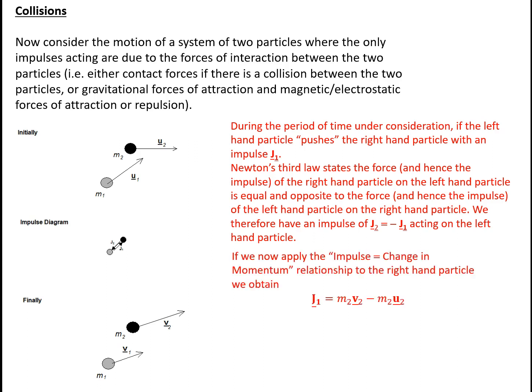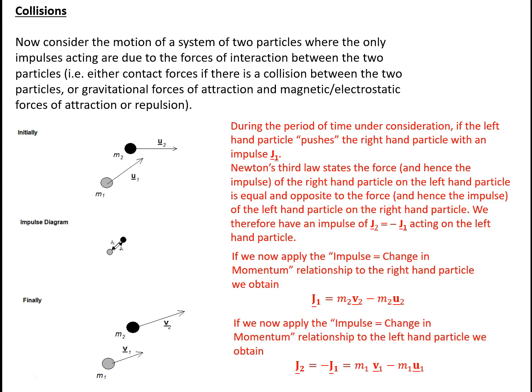Now if we apply the impulse equals change in momentum equation to the right-hand particle, then we've got J1 is going to be the final momentum of the right-hand particle minus the initial momentum of the right-hand particle. So that's J1 equals m2v2 minus m2u2.